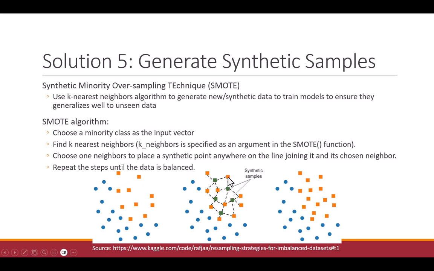So what we have here is all these different ones that are in the minority class. We generate synthetic data based upon the nearest neighbor algorithm to develop a new sample such that it fills in the areas where we expect the data to be.